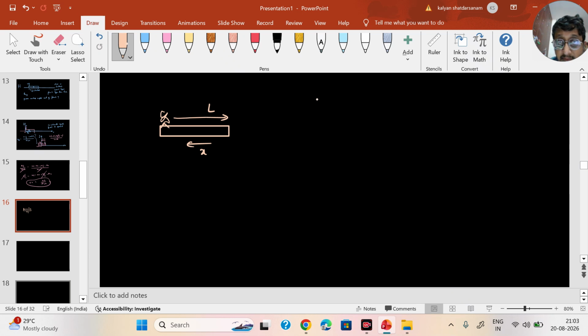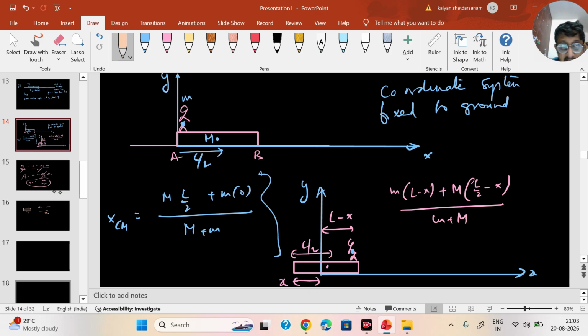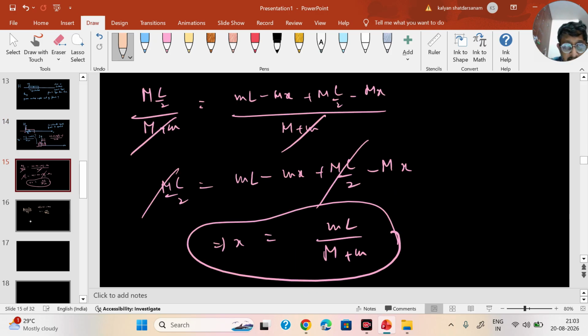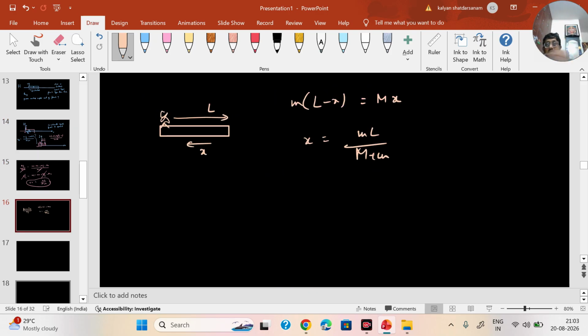So effectively how much did the person move? L minus x to the right. And how much did the plank move? x to the left. Mass of the person into effective displacement to the right is mass of the plank into effective displacement to the left. If I equate this, then what do I get? x as ml by m plus m. In one step you got it. Whatever you got with all this calculation, ml by m plus m, you got in one step.